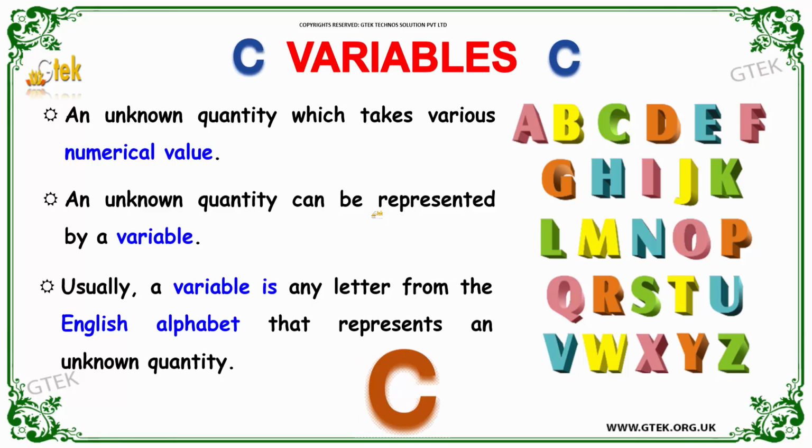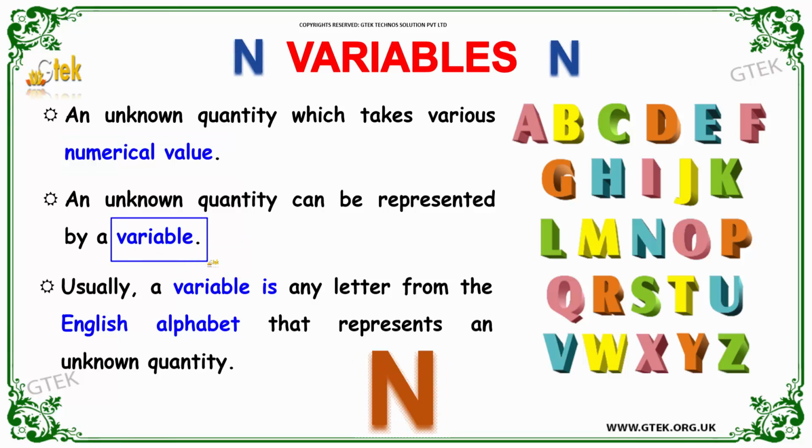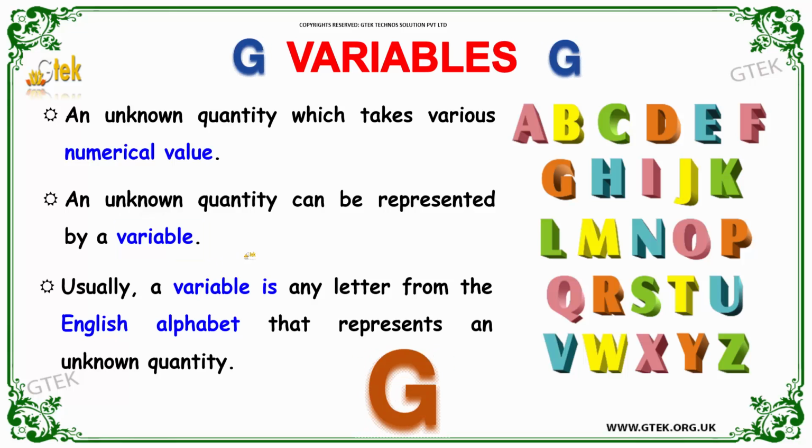A variable is considered to be an unknown quantity which takes various numerical values. Other than that, an unknown quantity can be represented as a variable. Usually, a variable is any letter from the English alphabet that represents an unknown quantity.